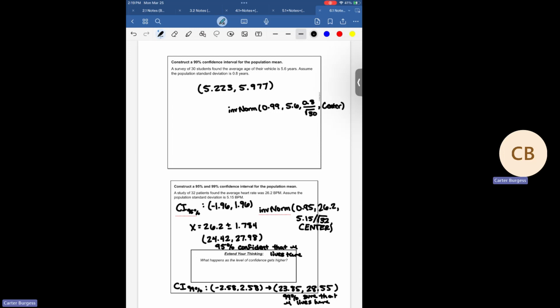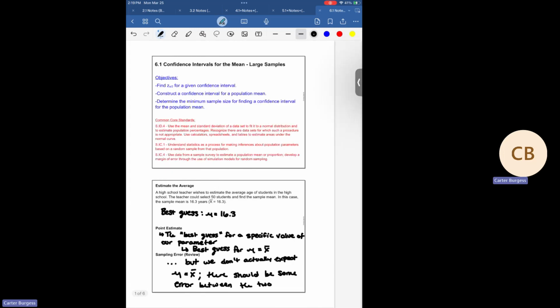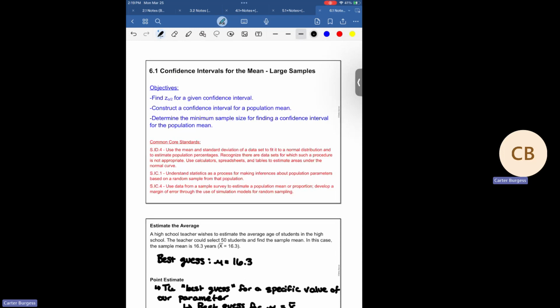But again, we'll cross that bridge when we get there. You'll notice even the header here is confidence intervals for large samples. And that's using the central limit theorem, which again says if we take enough samples, what we get is a normal distribution. But if we don't take a large number of samples, then we don't know that what we're taking is a normal distribution.